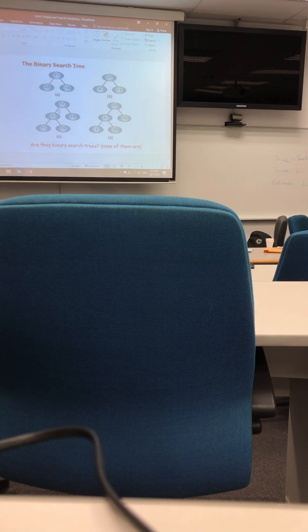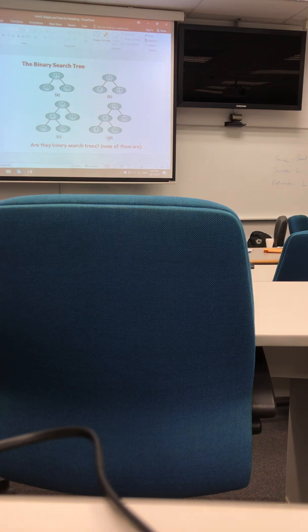Then why is it not a binary search tree? Because every node must satisfy the property, not only one node. So for 6, in the left subtree, there are nodes with value higher than 6.